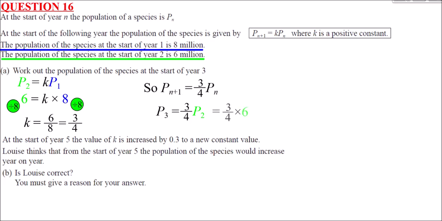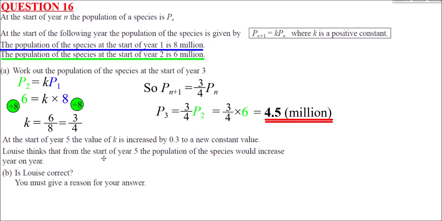So 3/4 of 6, because the answer gives it in terms of millions, or 1/4 of 6 is 1.5, so 3/4 is 4.5. So the population at the start of year 3, P subscript 3, is 4.5 million, essentially. But the answer line gives millions, so just write 4.5 on our answer line.